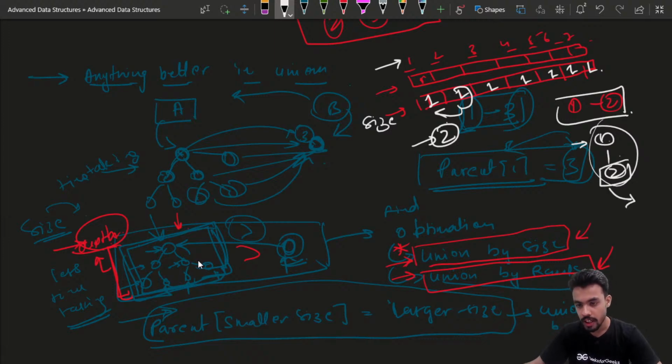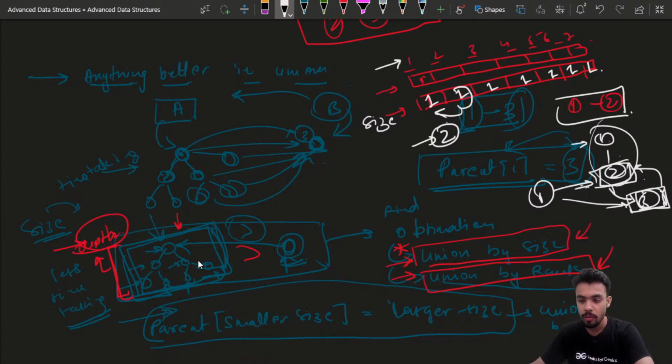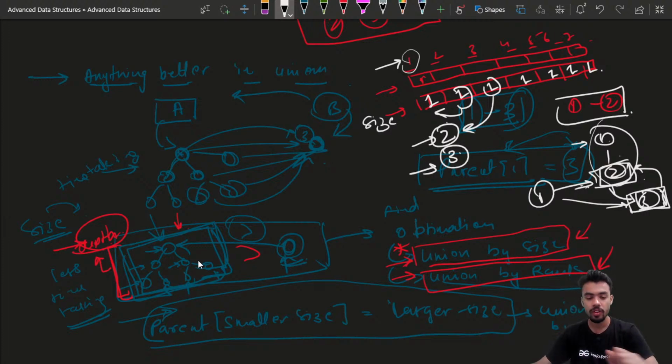First you find the ultimate parent of 2, which is 1, and then you make 1 the parent of 3. You add the size value of 3 to the size value of 1, so 2 plus 1 is 3. Now the group represented by 1 has size 3. This is what we are going to do.